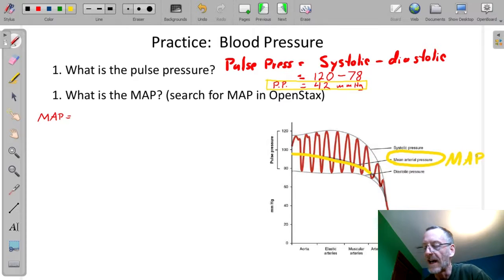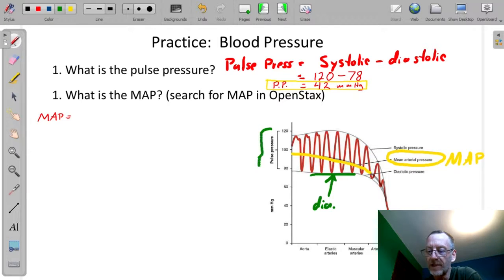Well, just looking at it, it's going to be greater than the diastolic by a little bit. So it's going to be a fraction of this pulse pressure. Because remember, this pulse pressure is the difference between the systolic and the diastolic.